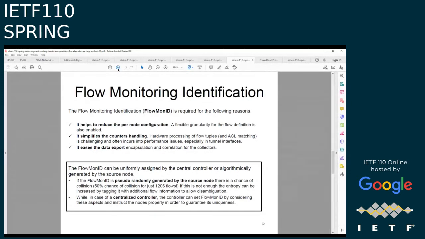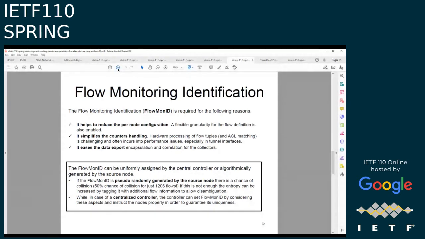We already had some discussion in 6man about the flow monitoring identification, that there is also a chance of collision, because if it is set pseudo-randomly by the source node, there is a 50% chance of collision for just 1,200 flows.